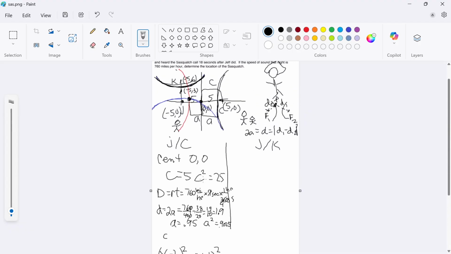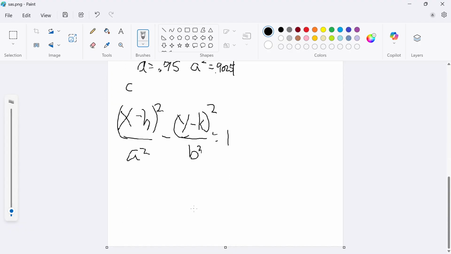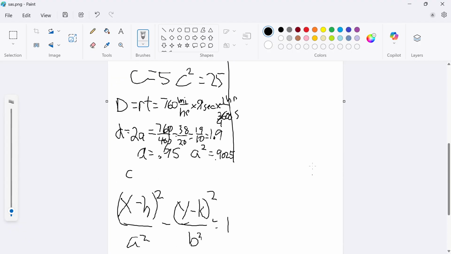And h, k is the center, in this case 0, 0. So it's just x squared over a squared. I already know a squared is 0.9025, minus y minus 0 squared, which is y squared over b squared. I don't know what b squared is.